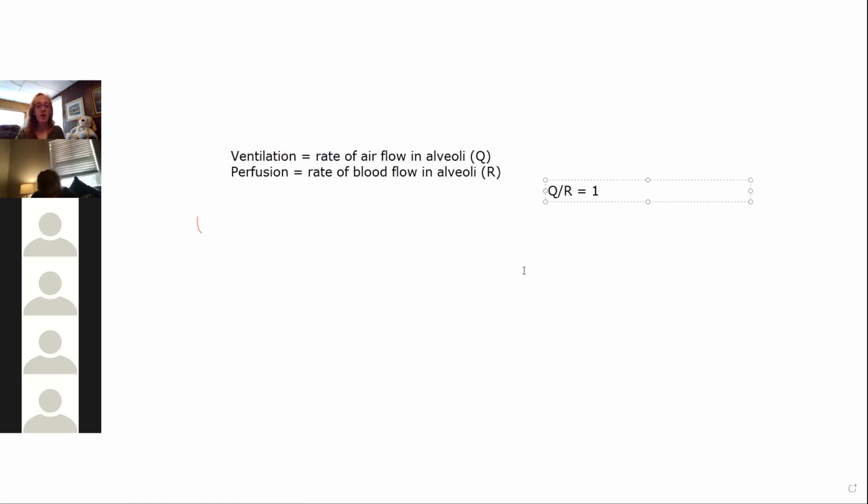So the rate of the airflow needs to equal the rate of perfusion. Ventilation perfusion coupling is done in order to maintain this ratio and keep them equal to 1.